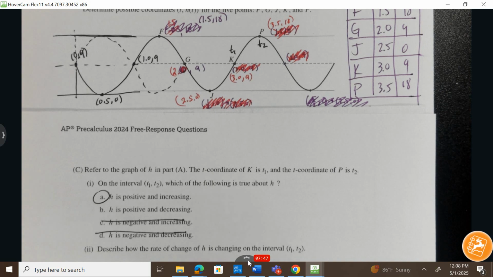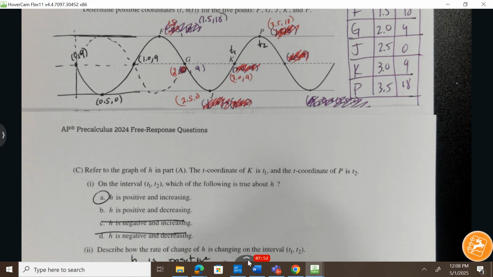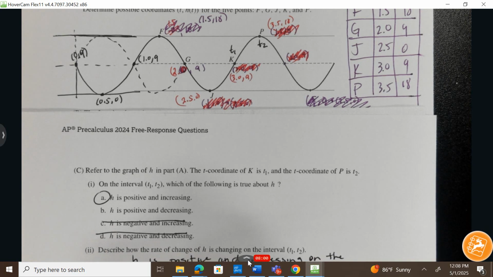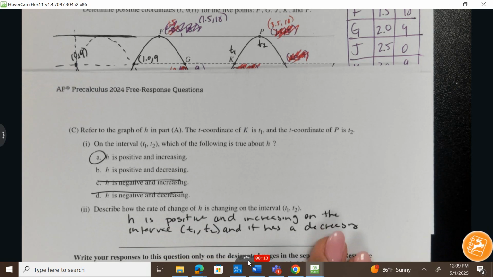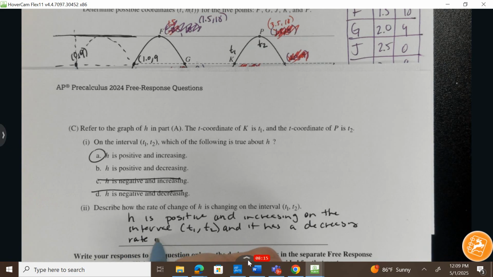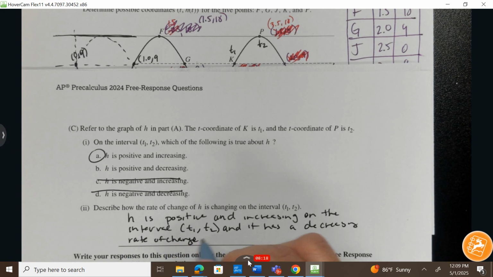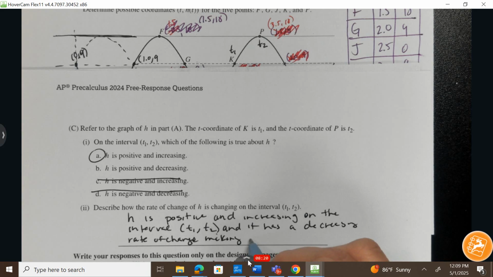Okay, so I can see that H is positive and increasing on the interval T1 to T2, and it has a decreasing rate of change, making it concave down.